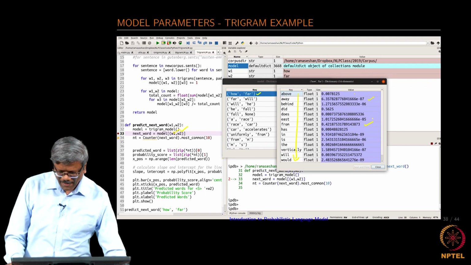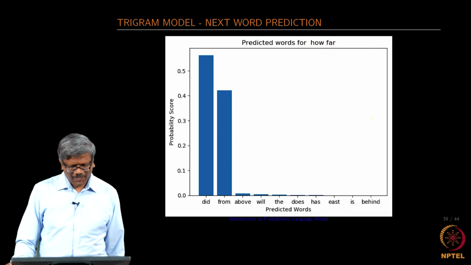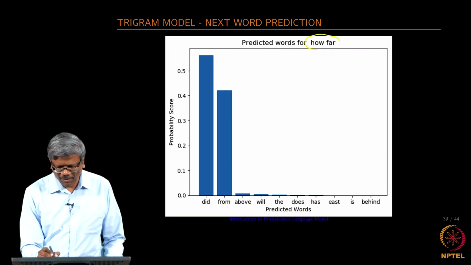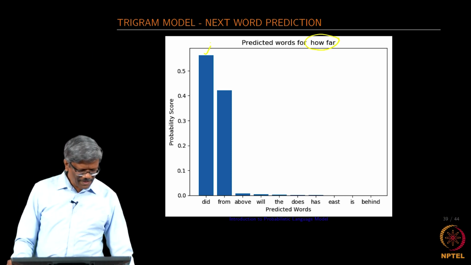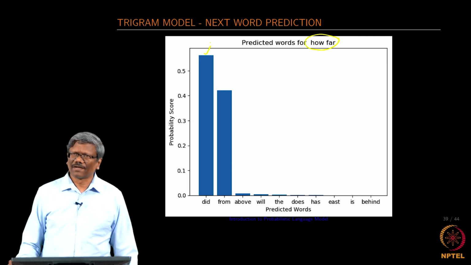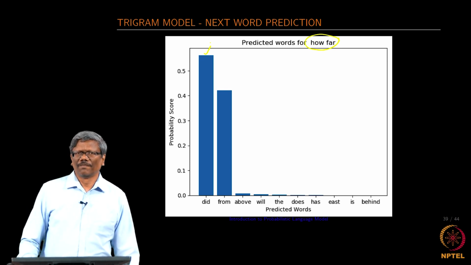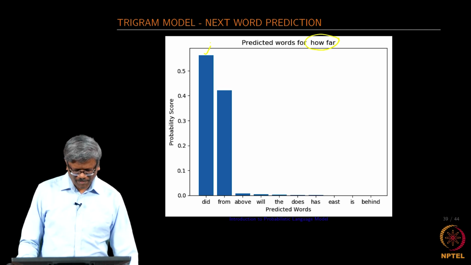Okay. Let us see what our maximum likelihood word is. So, in this case for how far the word is did. That means this particular combination occurred several times in this corpus. That is why the word did has a very high probability.